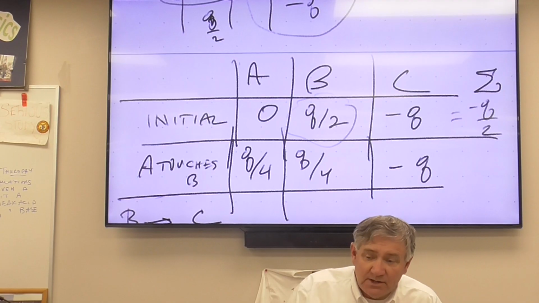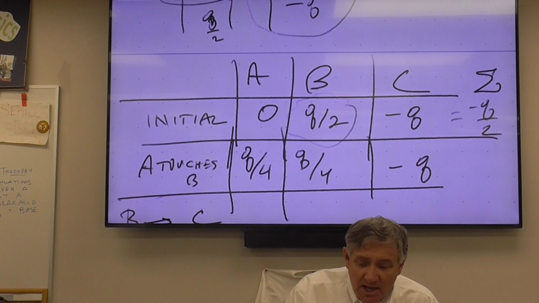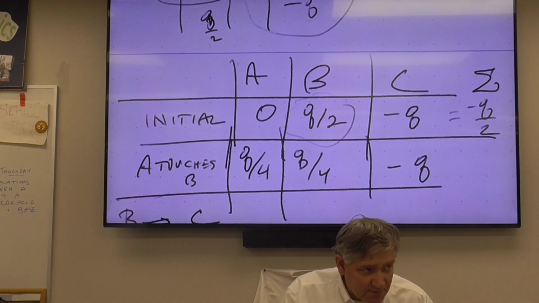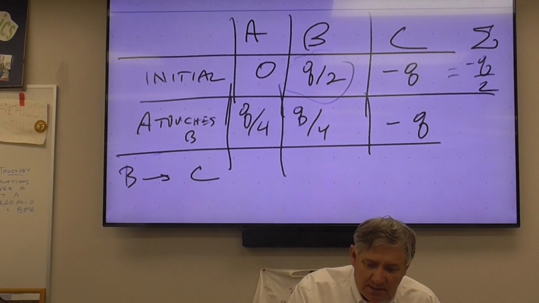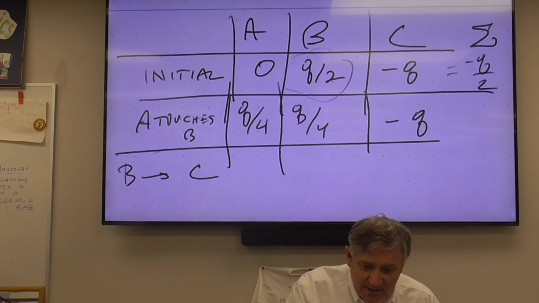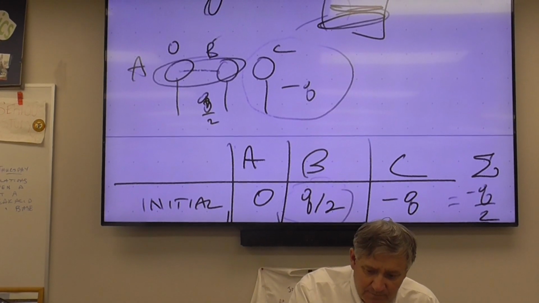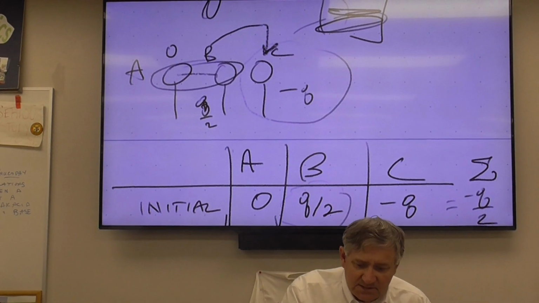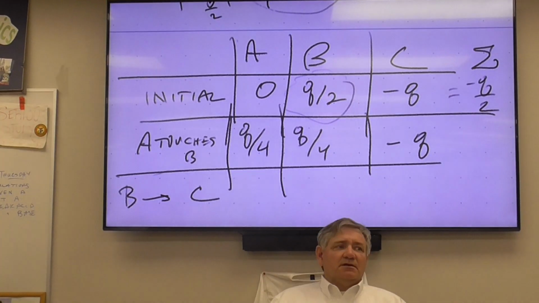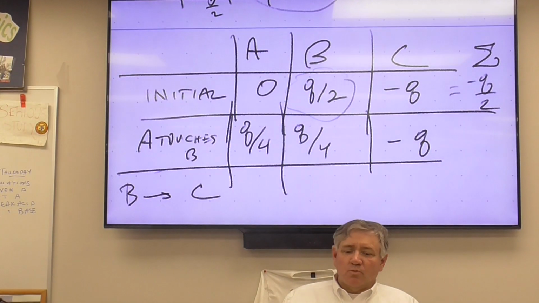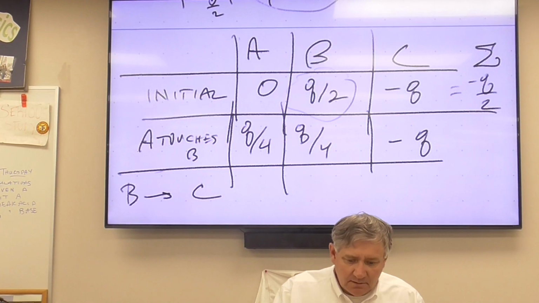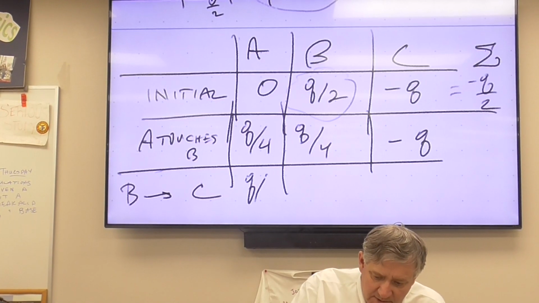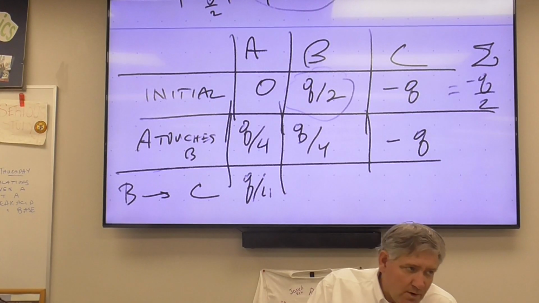No matter what I do, when I get done, everything still has to add up to that same value. Now at this point, I'm going to take sphere B and touch that to C. Now what's going to happen? What's going to happen to the charge on A? Nothing. That's still going to be Q over 4.